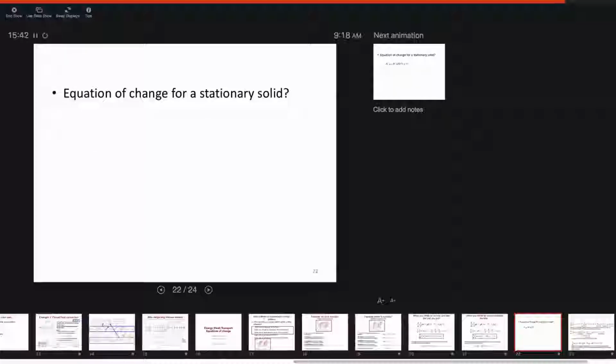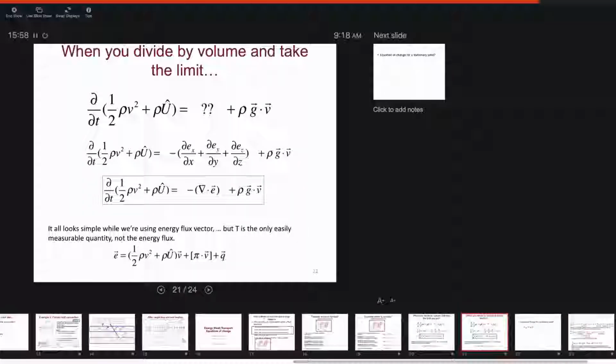So if I have actually stationary solid, then the velocity terms are easy because they're zero, so that simplifies things greatly. So if I do divergence of E, then for velocity equals to 0, first two terms disappear, and I only have q, right? Now q is minus k gradient T, right? So what will I get when I take divergence of that?